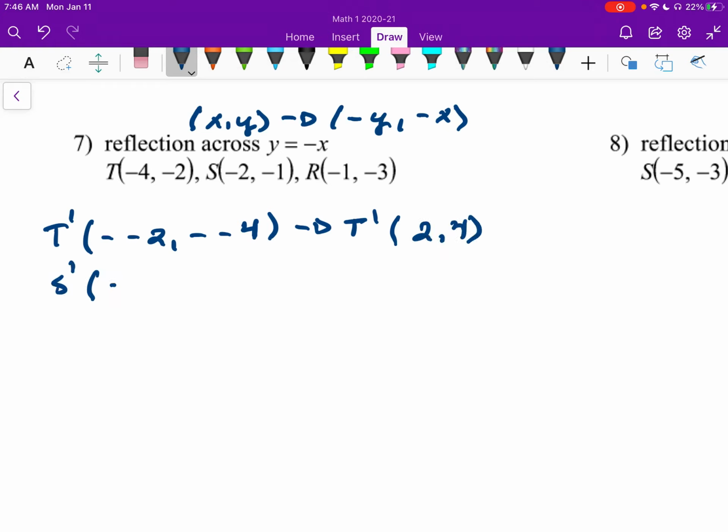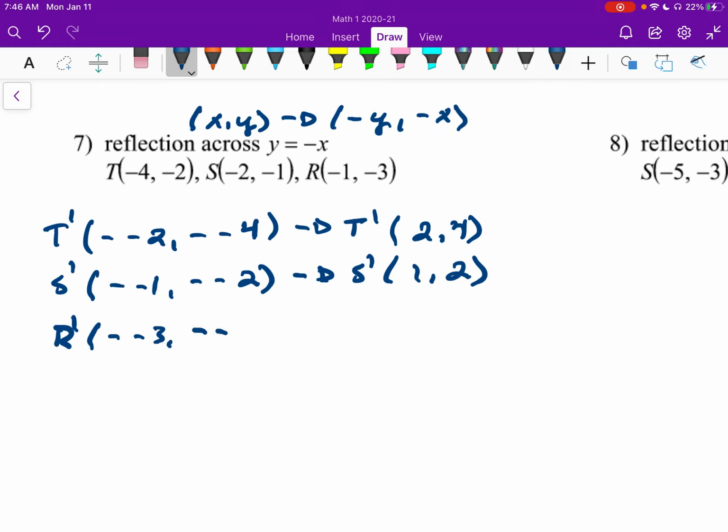S prime will be (-(-1), -(-2)), which is (1, 2). R prime will be (-(-3), -(-1)), so R prime is (3, 1). It won't always be that all of these have the double negatives like that. It just happened to be that this problem was like that.